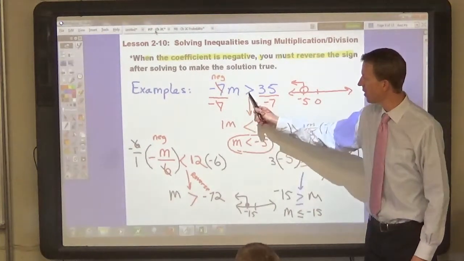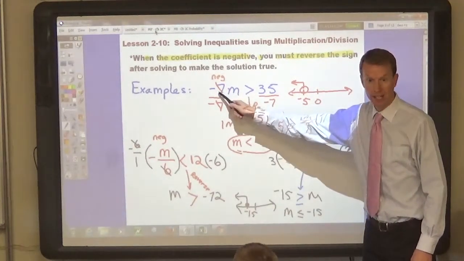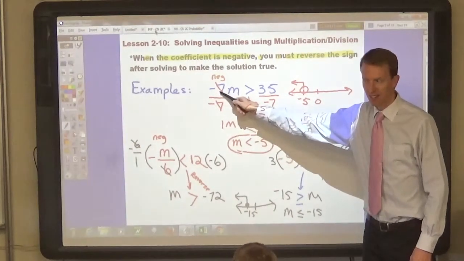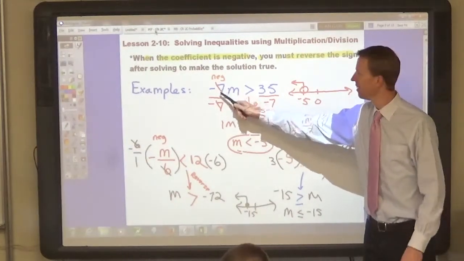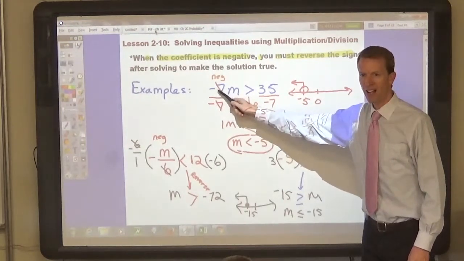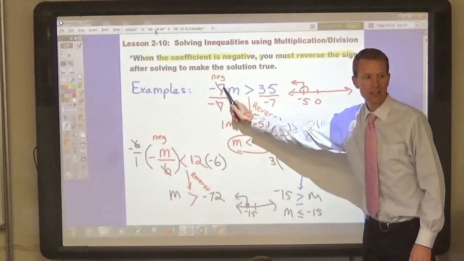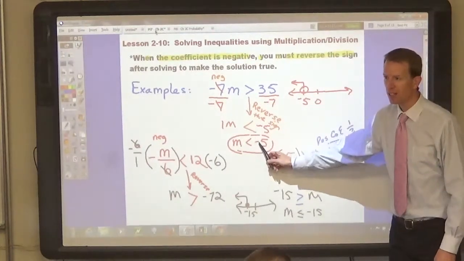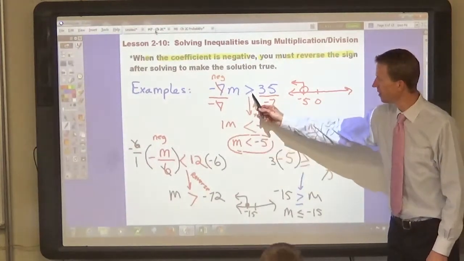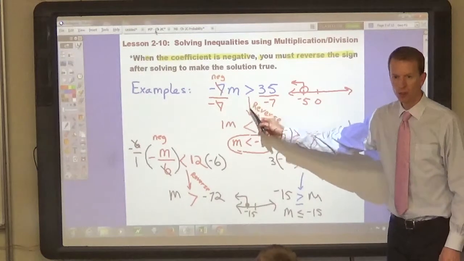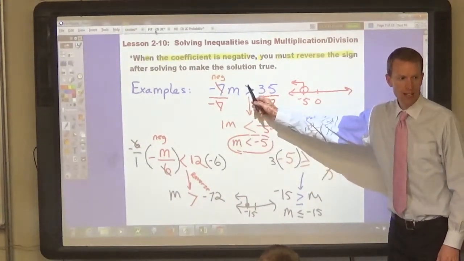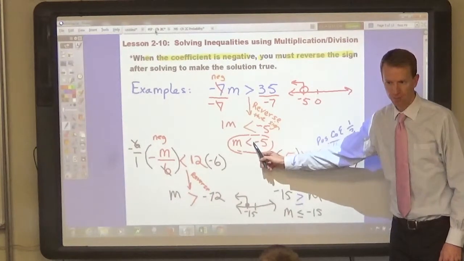Negative 7 is negative, isn't it? Negative 7 is the coefficient. So once we solve this, we have to reverse this sign from greater than to less than.